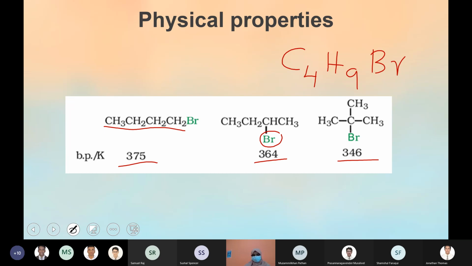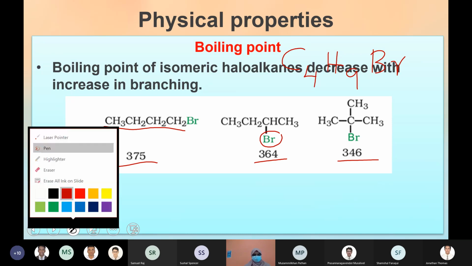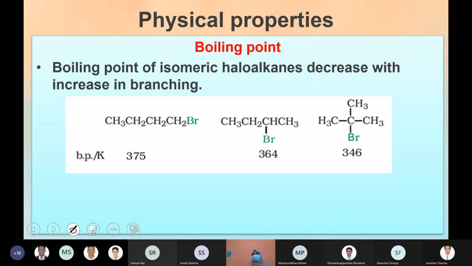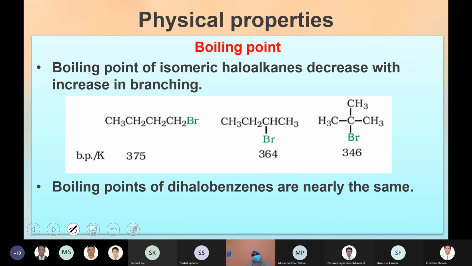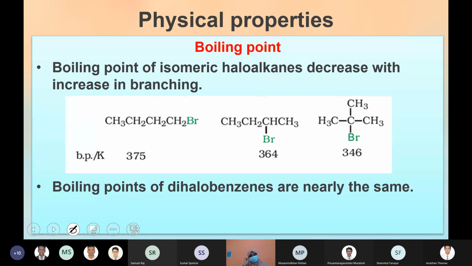Generally, the boiling point of isomeric haloalkanes decreases with increase in branching. So the one with more branches will have the lower boiling point.